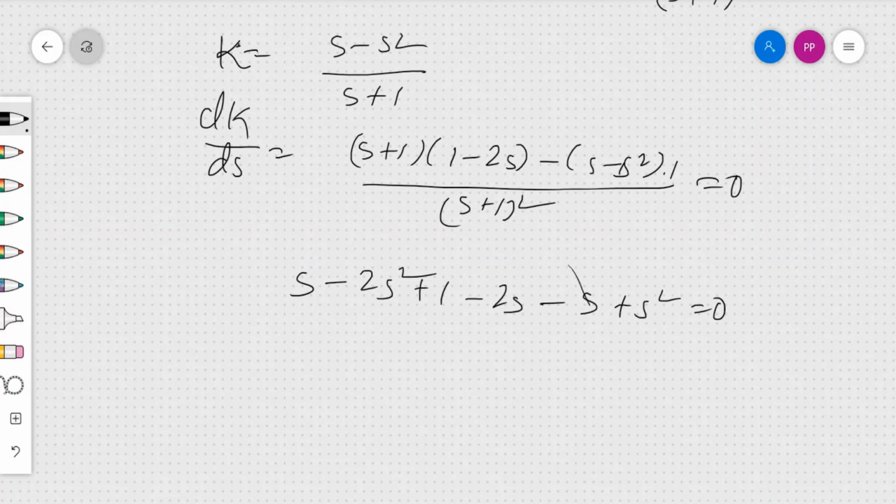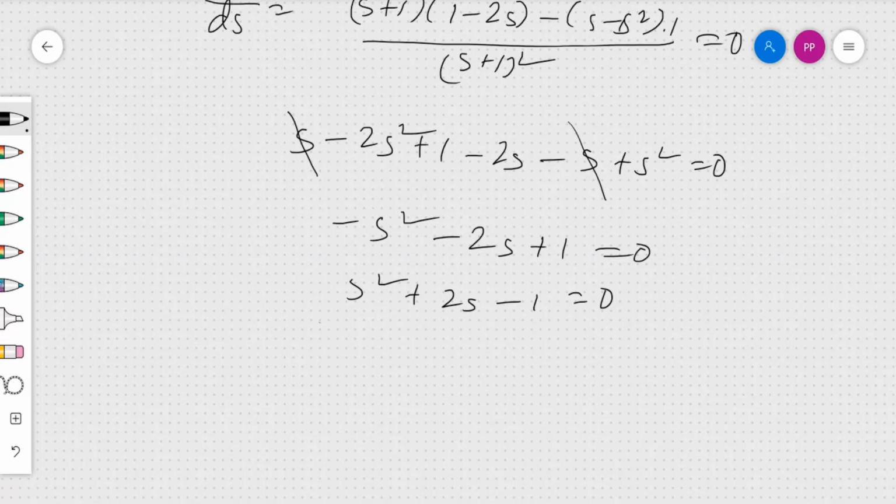So 2s will be cancelled out, and we are left with minus s square minus 2s plus 1, or s square plus 2s minus 1 equal to 0.